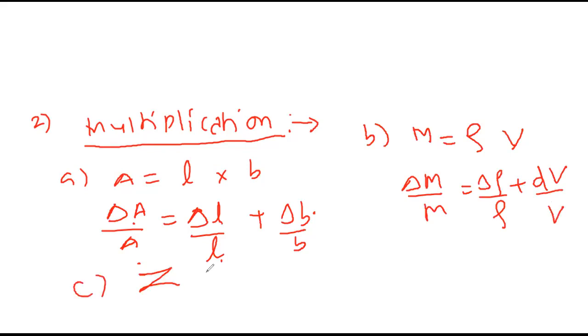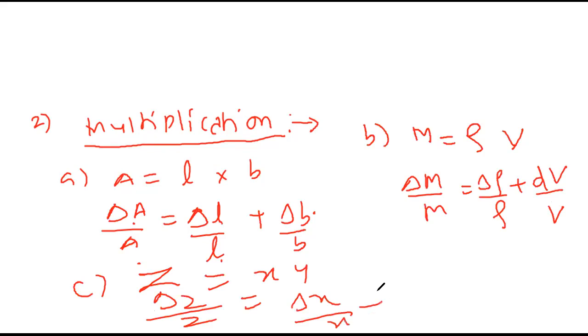Similarly, suppose some quantity Z is XY, then delta Z by Z is delta X by X plus delta Y by Y. Any number of quantity comes, same way you have to do. So just write this, multiplication में how we find error.